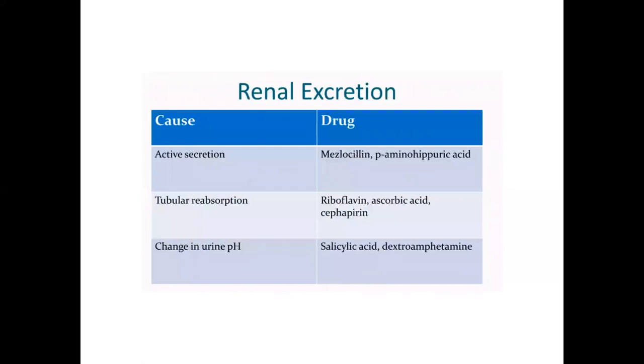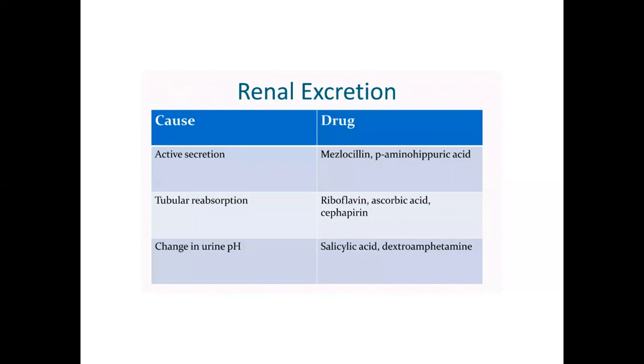During excretion, the causative factors are active secretion, tubular reabsorption, and change in urine pH. Active secretion is mainly affected by drugs like mezlocillin and para-aminohippuric acid. Tubular reabsorption is mainly affected by drugs like riboflavin, ascorbic acid, and cefaclor.